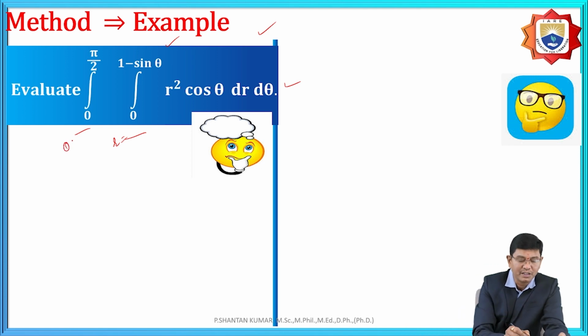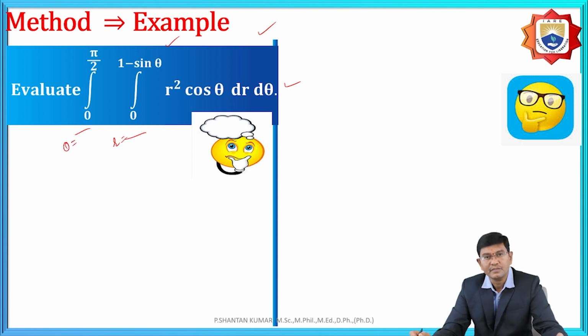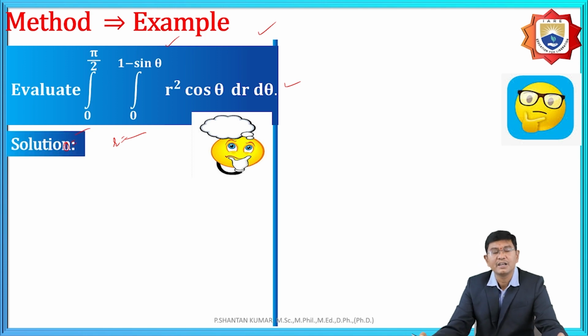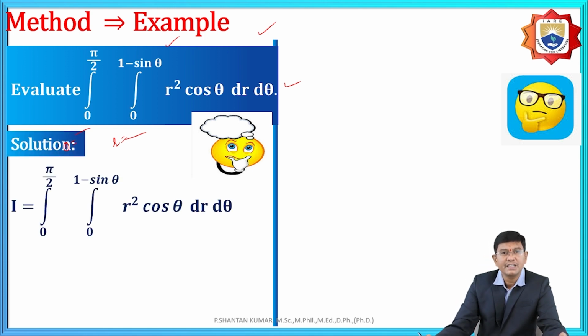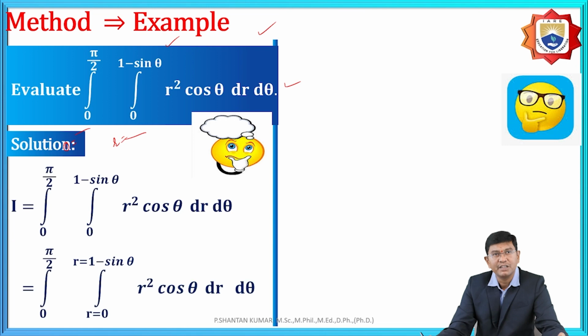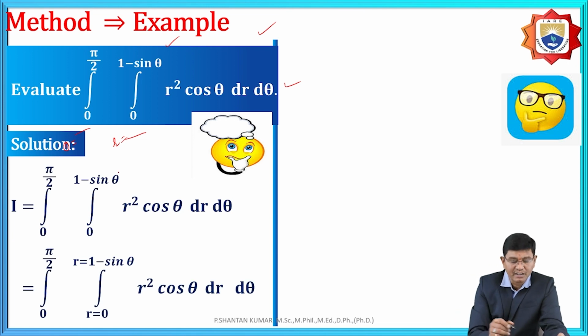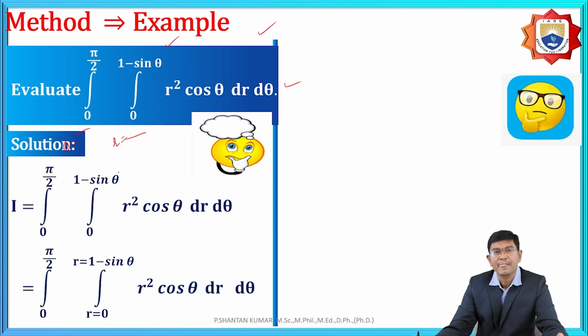We need to integrate with respect to dr dθ, so one limit is for r and the other is for θ. Observing this problem, the limits of r are in terms of θ, and the rest of the limits are for θ. So the integration is from 0 to π/2 for θ, and first for r from 0 to 1 minus sin θ, of r square into cos θ dr dθ.